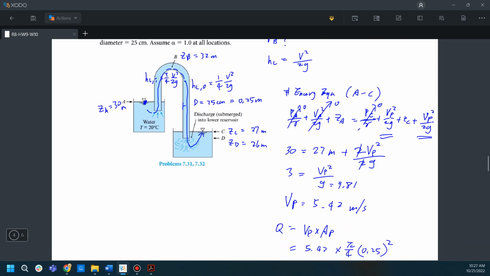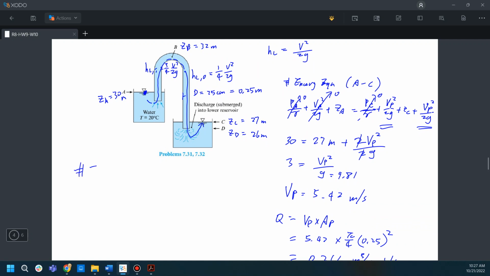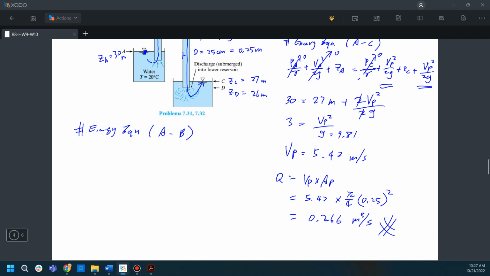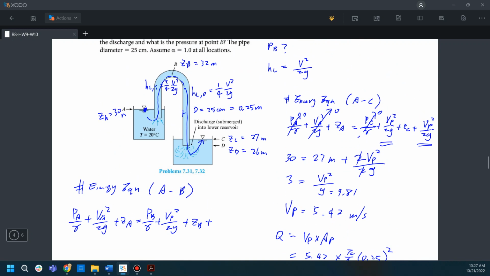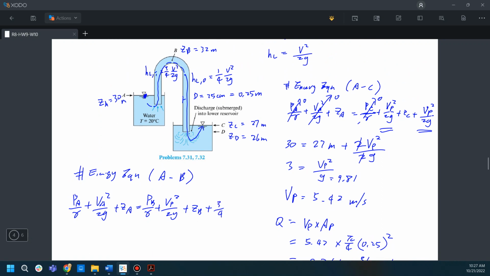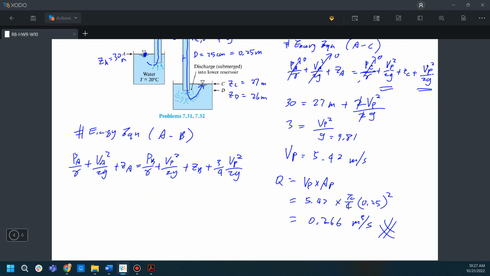The second one, we want to solve the pressure at B. So let's apply the energy equation again, but now from A to B. PA plus VA squared over 2g plus ZA equal to PB plus VP squared over 2g, because in the pipe, plus ZB, and plus the inlet head loss. The head loss for the inlet part is 3/4 VP squared over 2g.